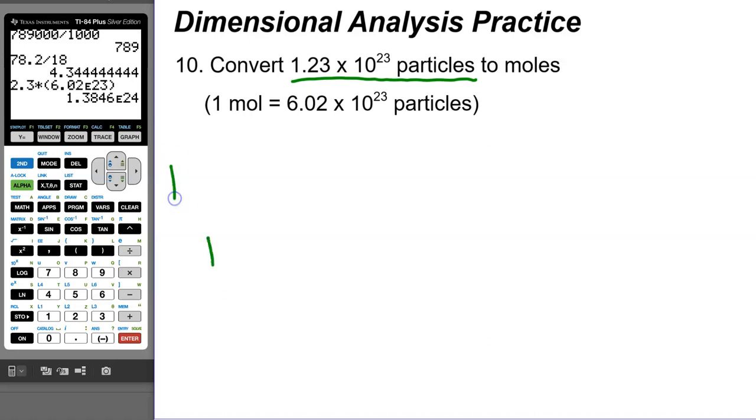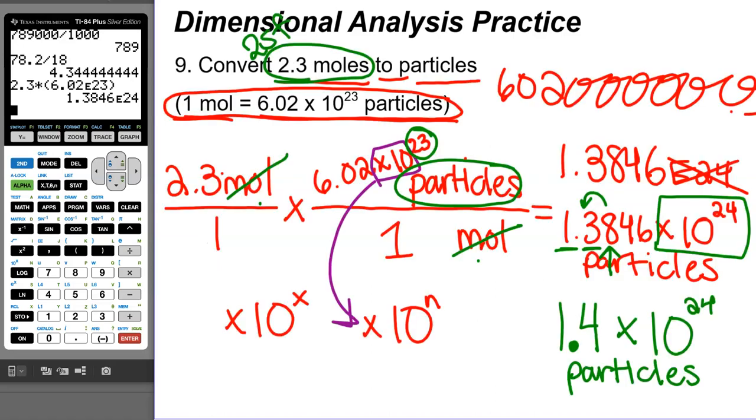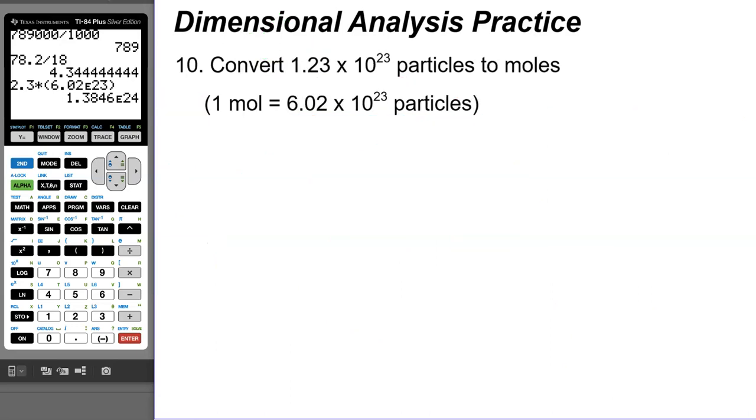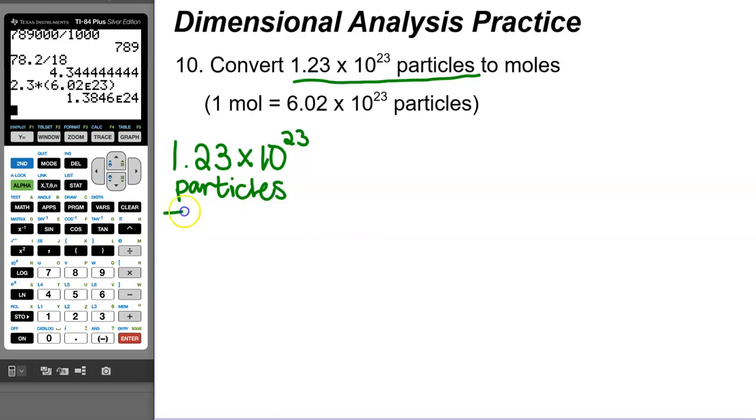So our given value is the 1, whoops, go back there, accidentally drew on the board, 1.23 times 10 to the 23rd particles, and just to save space I'm going to put particles underneath, and we'll put it over 1 to remind us that is up in the numerator. And then we're going to multiply by some conversion factor to get some new value.